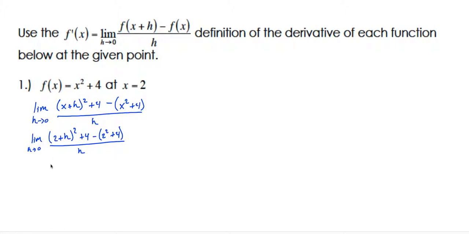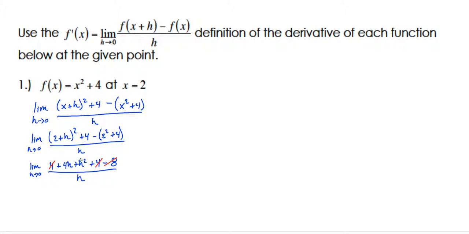And if I go ahead and simplify, we're going to get the limit as h goes to 0 of 4 plus 4h plus h squared plus 4 minus (2 squared plus 4), that's going to be 8, all of it over h. And if we look closely here, we have a 4 and a negative 8, and those would cancel out.